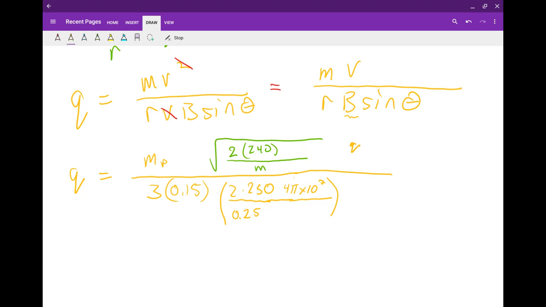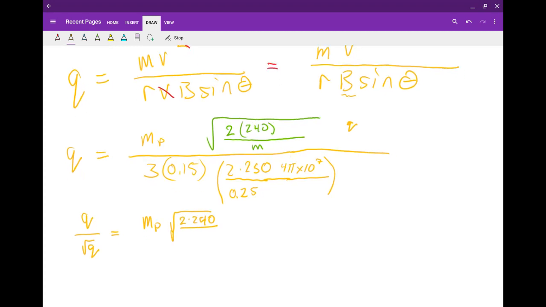So we've got Q over the square root of Q is equal to the mass of the particle times the square root of 2 times 240 over the mass of the proton divided by 3, still over 3 times 0.15, and I've got 2 times 250 here, 4 pi times 10 to the 7 over 0.25, okay? And there is our solution, more or less.